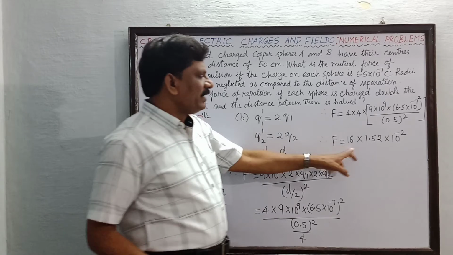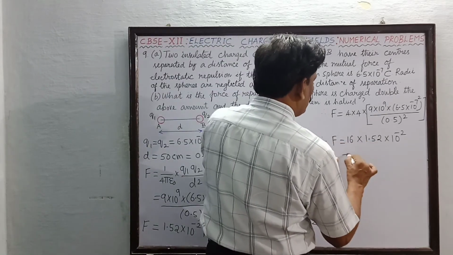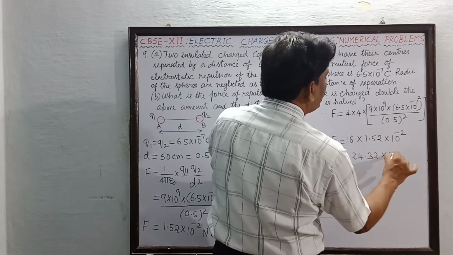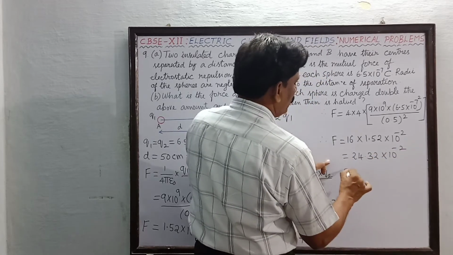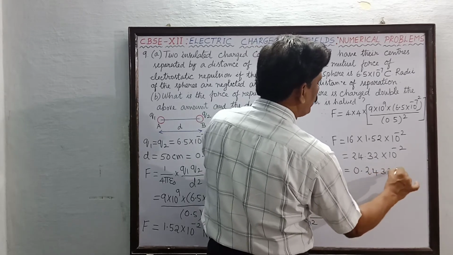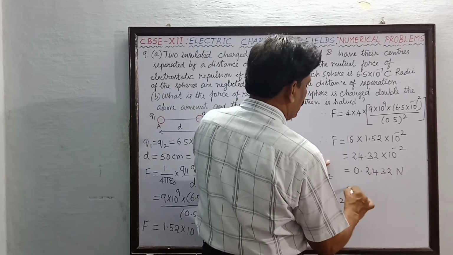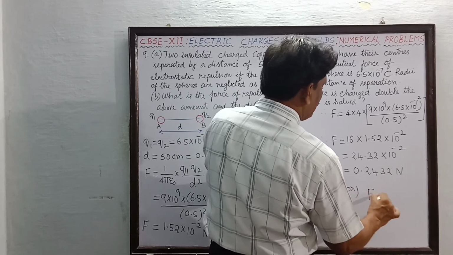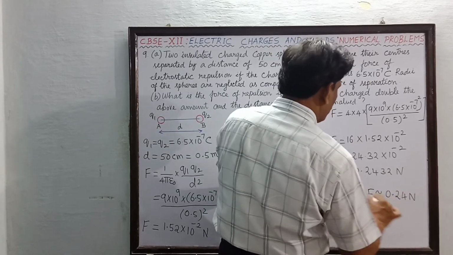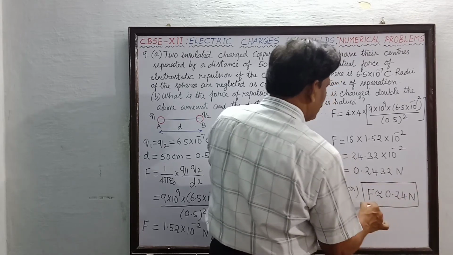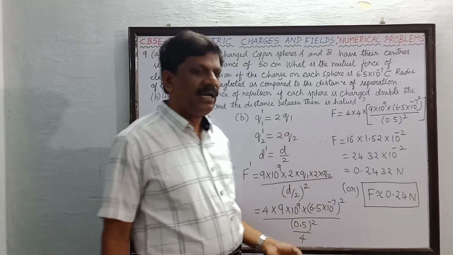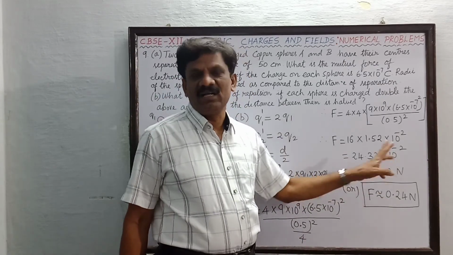If you multiply 16 with 1.52, this will be equal to 24.32 into 10 power minus 2, so this is equal to 0.2432 Newton, or F is nearly equal to 0.24 Newton. This is the new force of repulsion after the charges are doubled and the distance is halved.